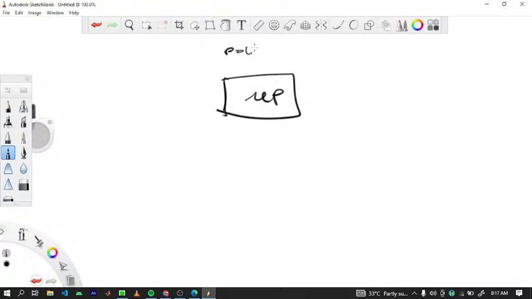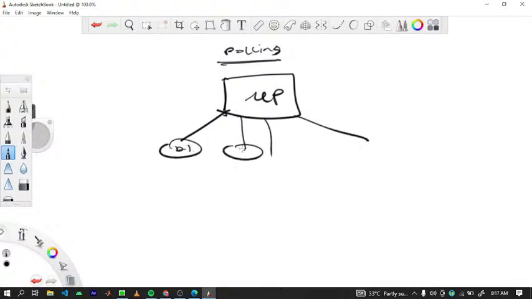Now with polling, the microprocessor will go and see device one. It will go to device one and say, hello, what is up? Are you good? If device one says no, I'm not good, then it will run an ISR, a routine, to make sure device one is good.